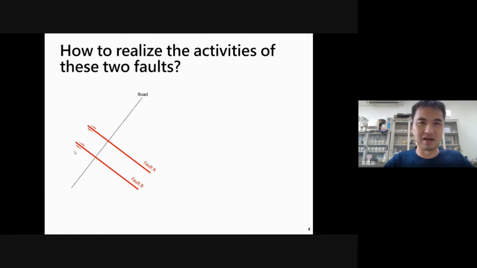So after you get this information, how do you identify the activities of these two faults? So please think about this before we talk about the following content. So what will you do?